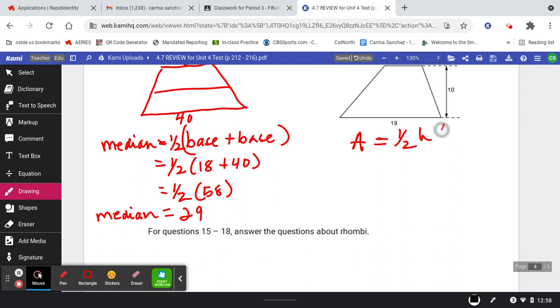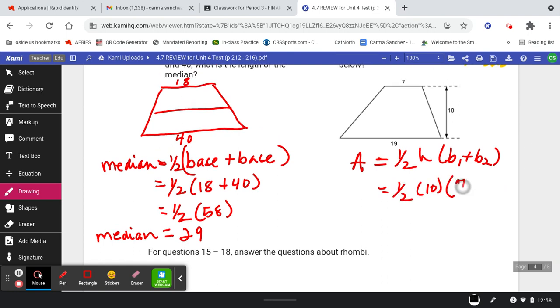So our height is 10. Sum of the bases is 7 plus 19. And technically half of 10 we could already say is 5.